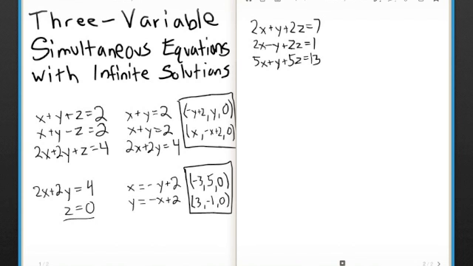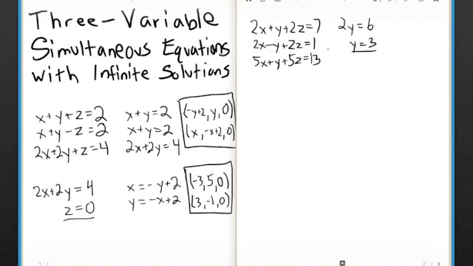That often indicates an infinite solution. But once again, there is one variable we can solve for. If we subtract this second one from the first one, 2x minus 2x is 0, 2z minus 2z is 0, and we'll be left with y minus negative y, that's 2y, equals 7 minus 1, which is 6. So y will be 3.